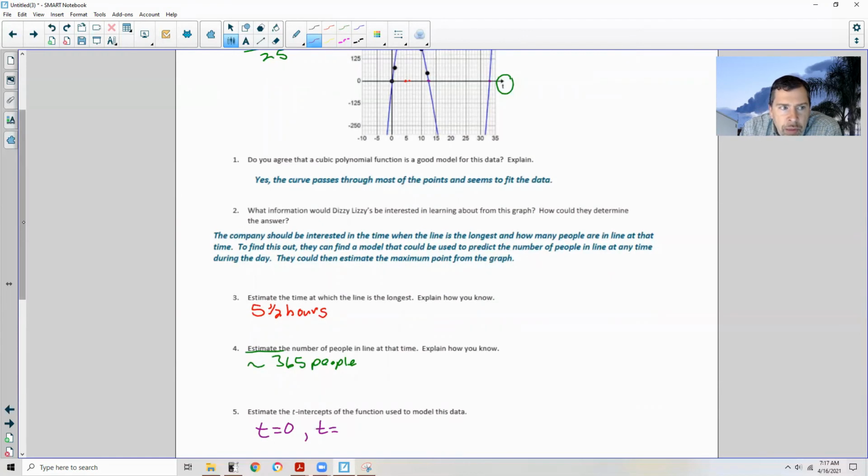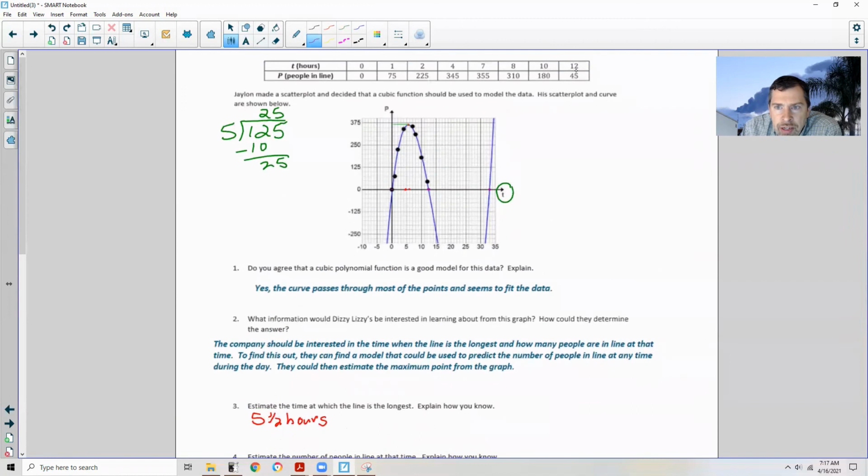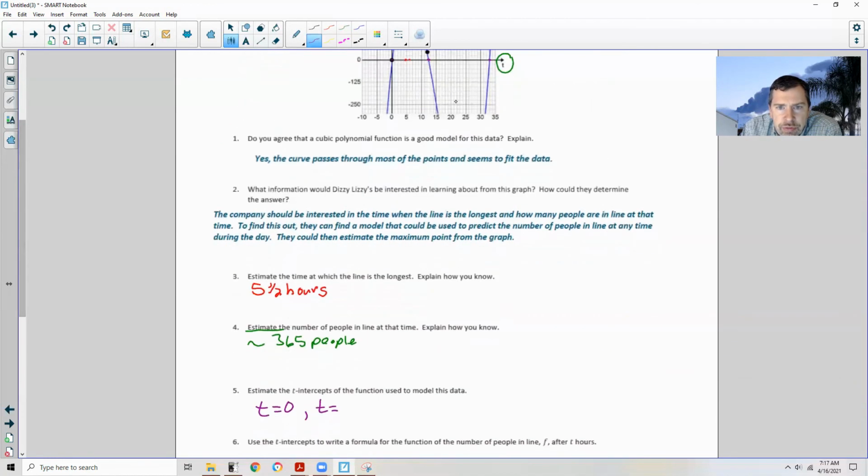And then I look back up at my graph here, and it's got to be after 12. We're tapering down. So after 12, so here's 10, here's 11, here's 12. I'd say it would be a little bit more than 12. So let's just say 12 and a half or 12.5. At time 12 and a half hours, we're back to 0.